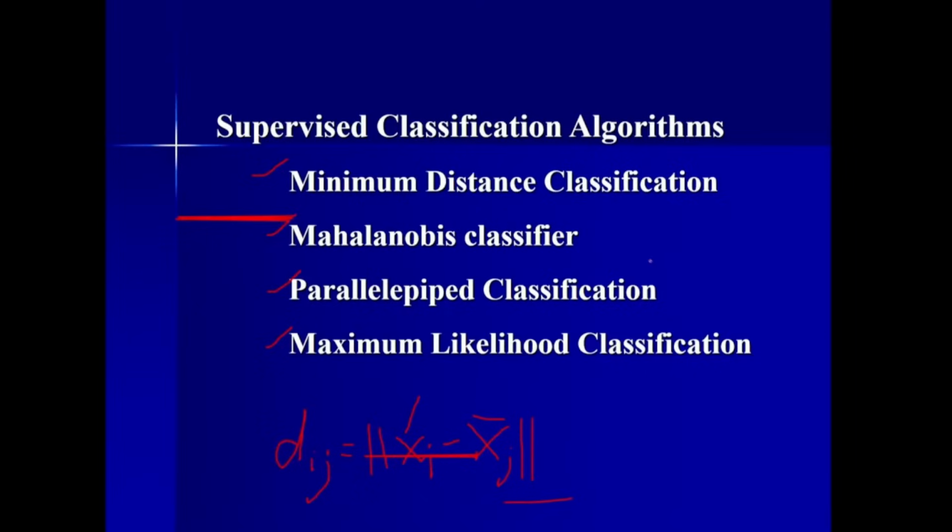The second method is called the Mahalanobis classifier. In the Mahalanobis, the formula for distance is a little different. Mahalanobis was a professor at the Indian Statistical Institute, Calcutta, and he proposed this distance.